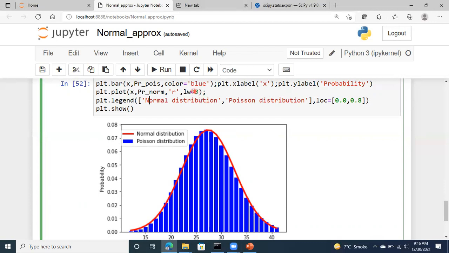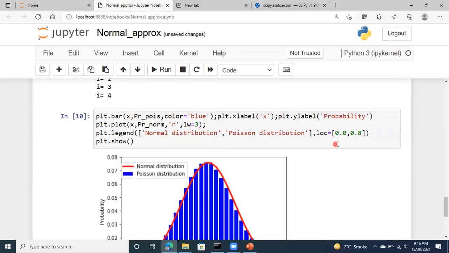I have also defined the line width as 3. You can change that number. And I have defined the legends to highlight the two characteristics being shown on the graph. So that is the graph generation.